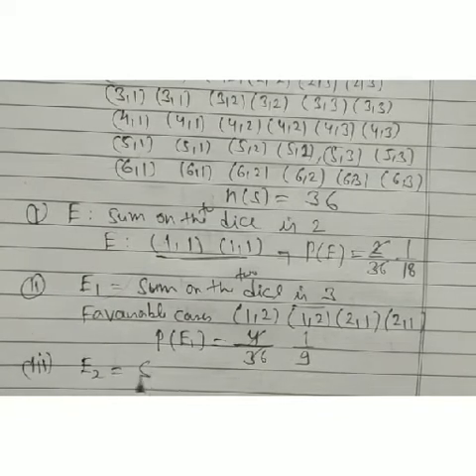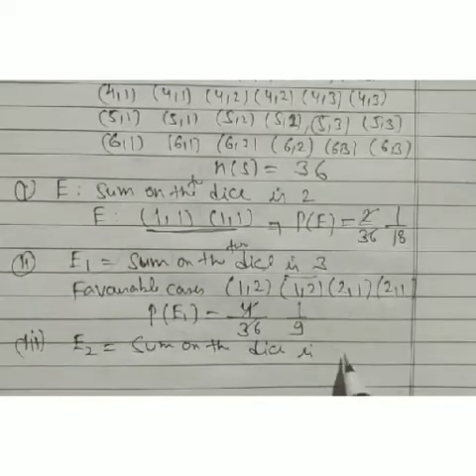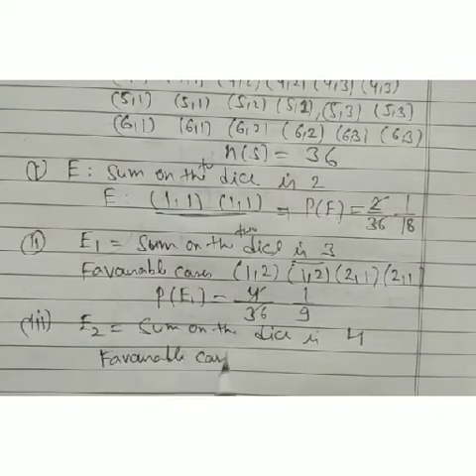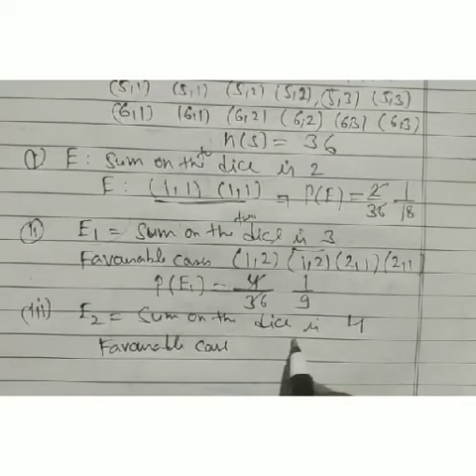Now next, E3. What is E3? Sum on the dice is 4. Then what is the number of favorable cases when the sum is 4?